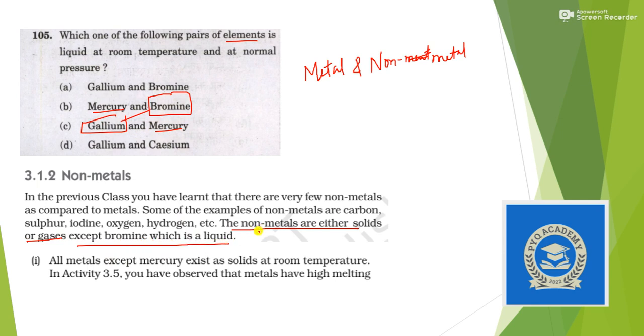Means in general non-metals are solid or gaseous, like carbon and nitrogen, these all are non-metals. But bromine is a non-metal which is liquid at room temperature. So our answer is option B, mercury and bromine. So let's move to the next question.